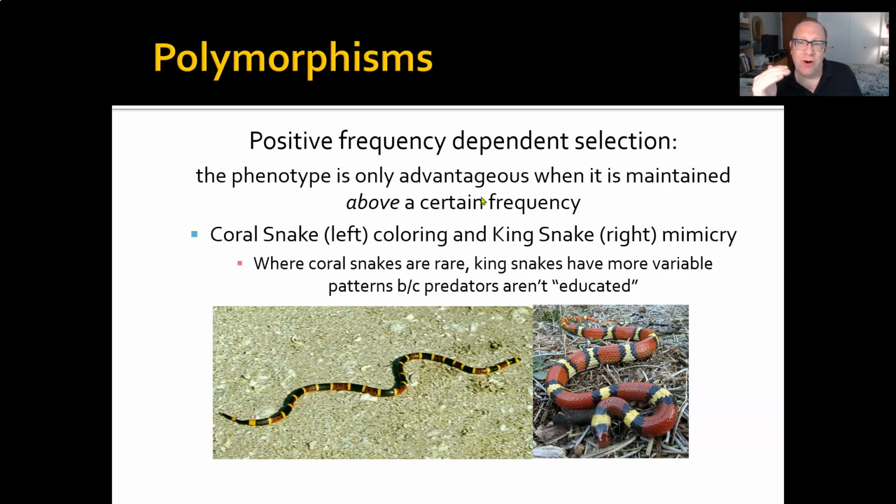However, if there aren't enough coral snakes in the region, king snake coloration varies considerably among individuals there because it's no longer an advantage. The predators need to encounter coral snakes often enough to learn the lesson not to mess with them in order for the king snake's mimicry to benefit the king snake. So the fitness of the king snake's coloration depends on the frequency of the coral snakes in the region.